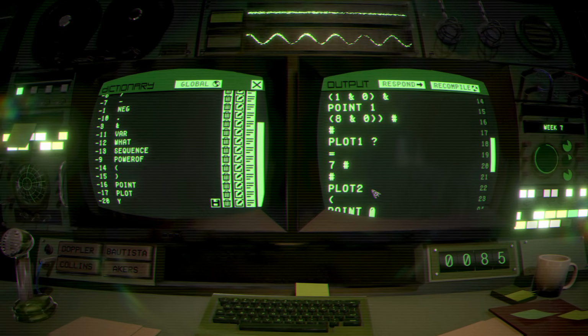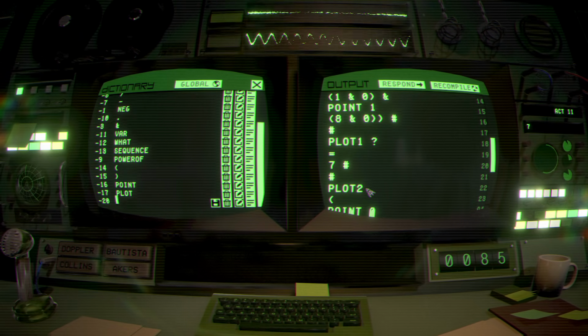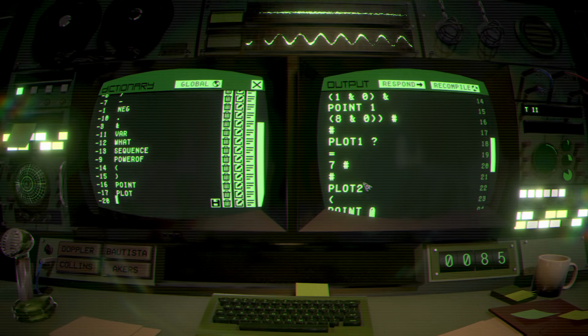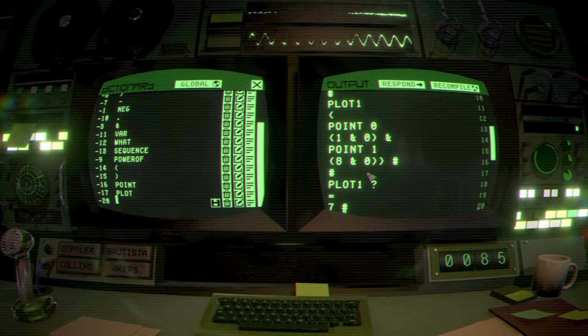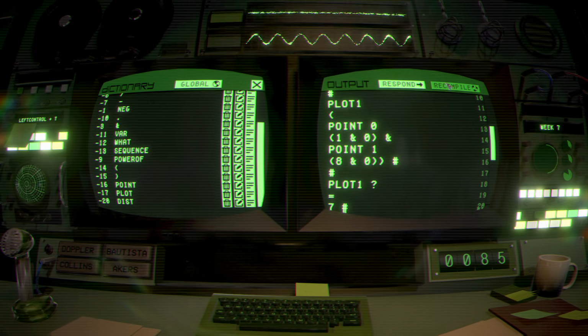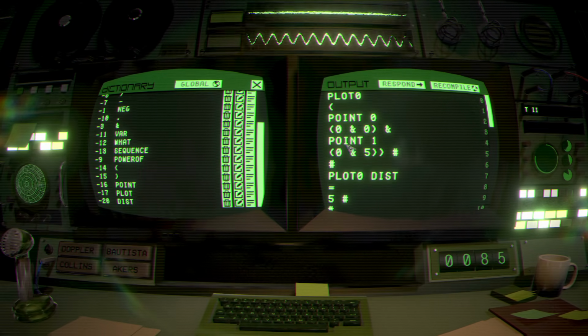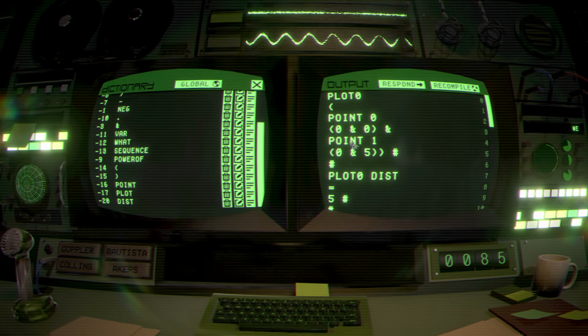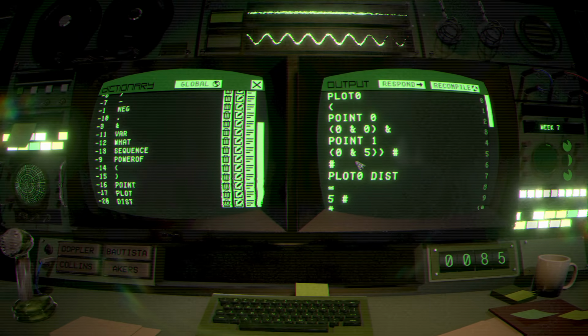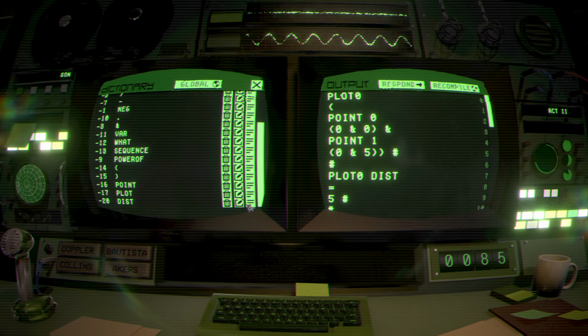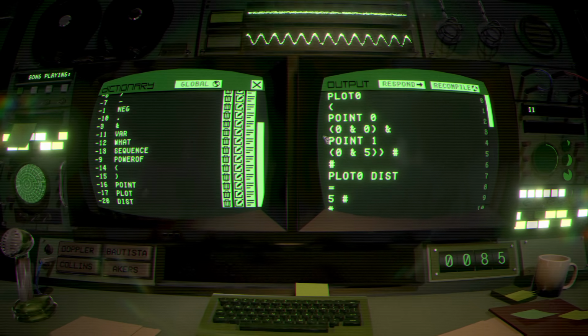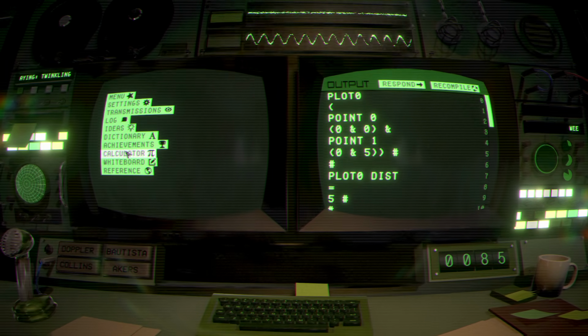Something equal. Oh, is this distance? Let's think about this. If I'm going between 0, 0 and 0, 5, not distance, but length.